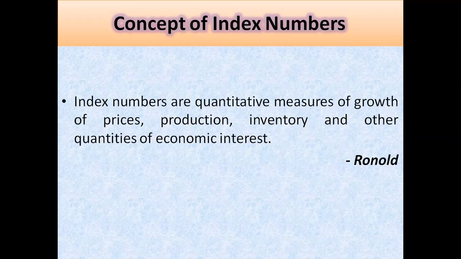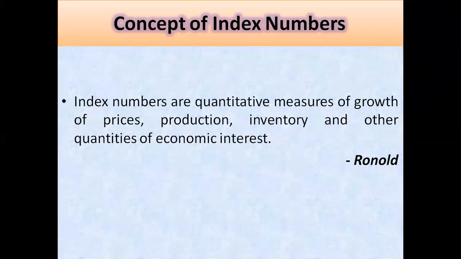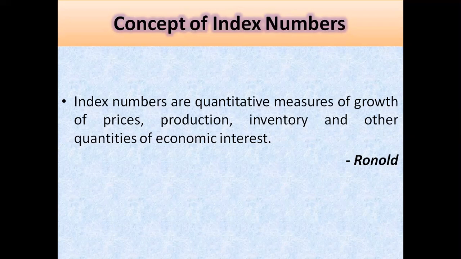The price change of each commodity is expressed typically in percentage terms, and then the average of the price changes of these commodities is calculated. This will enable us to compare the price movements over different time spans. Suppose we need to calculate the change from year 2005 to 2020, that we can check. So we need to check the changes between two years, that we can check with the help of index numbers.